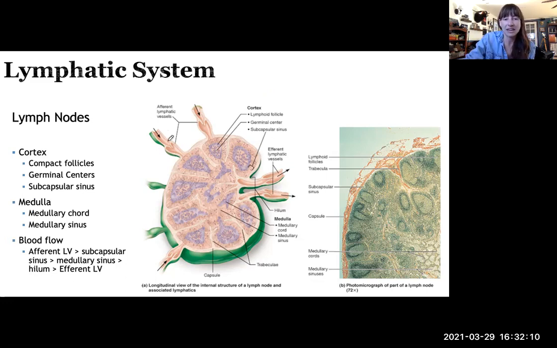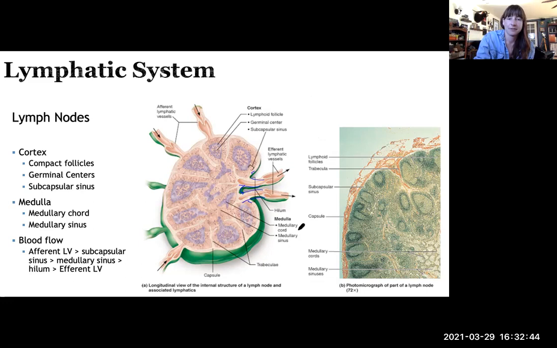So generally speaking, it comes in, it makes its way over to this depression right here on the lymph node, which is called the hilum. It's basically just this depression where these vessels come out of. We'll see the term hilum one other time, but generally speaking, it just means a depression in an organ where vessels emerge, enter or exit.